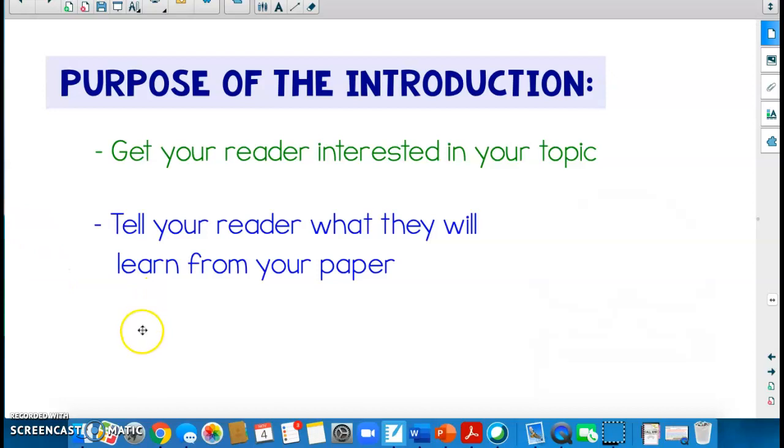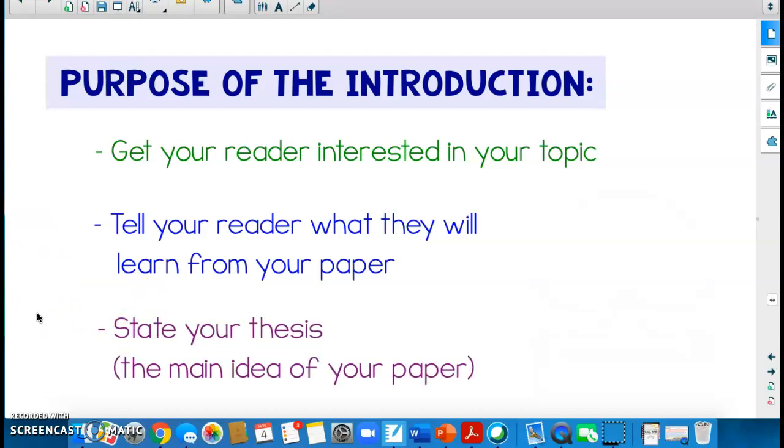And 3, you need to state your thesis or the main idea of your paper. So let's do a practice one together where I'm going to show you the introduction that I wrote for Hurricane Katrina.